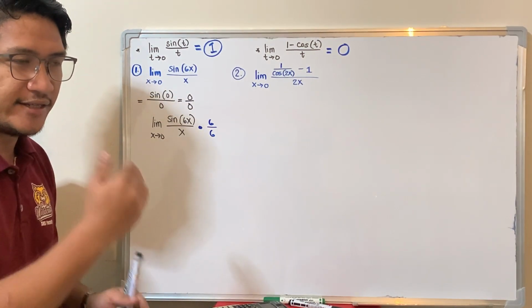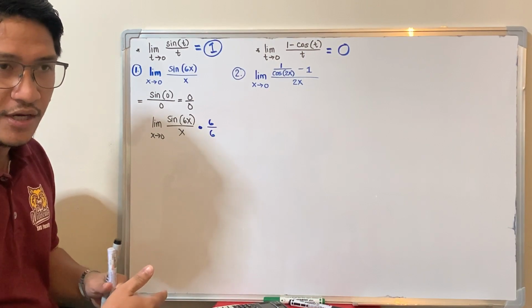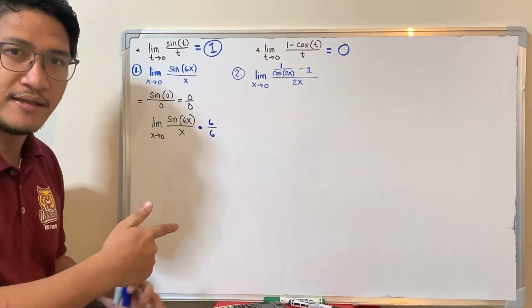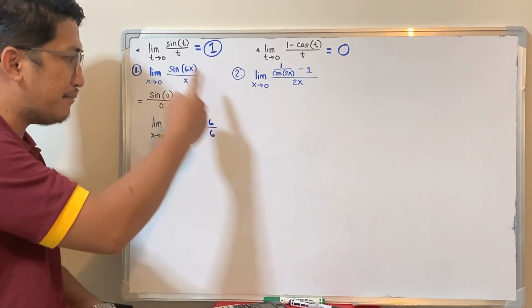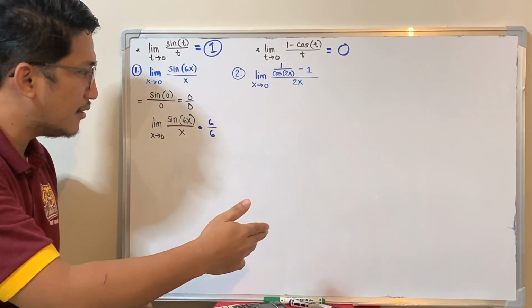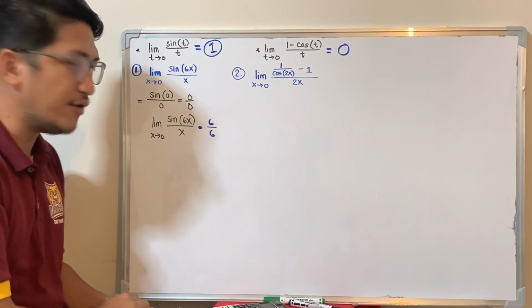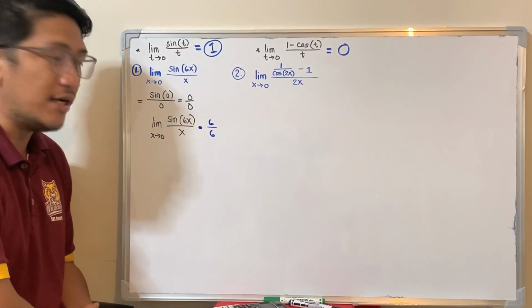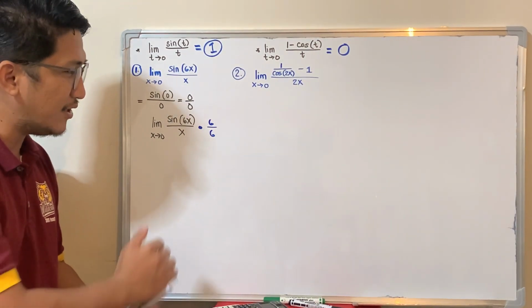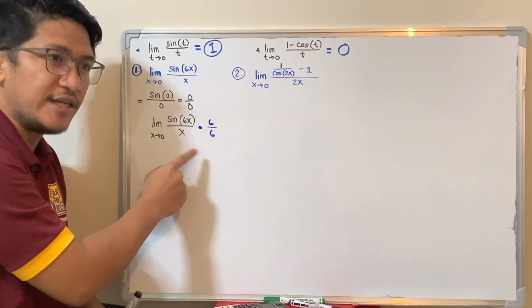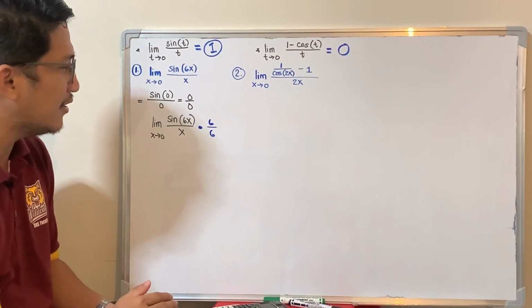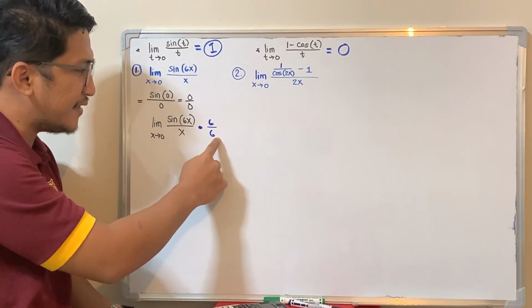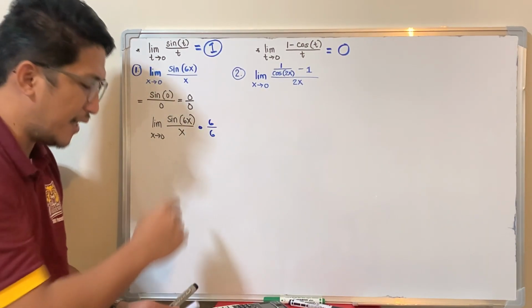When you say identity property of multiplication, you multiply anything by 1, the result is always the same. Okay? 6 over 6, as you know, is just the same as 1. It's still 1, but I just use it as 6 over 6. For what reason? Why not just use 1? Well, it doesn't make sense, no? I use 6 over 6 so that it becomes 6x, okay?